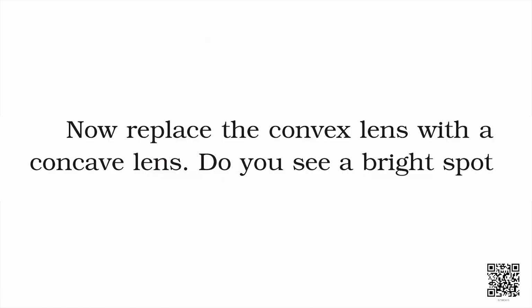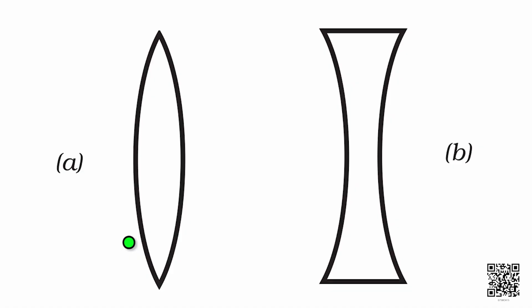So we will see a bright spot on the paper and the paper may also begin to burn. Then we will replace the convex lens with a concave lens, but this time we will not be able to see a bright spot. So students, there are various questions arising in this activity, that is, why do we get a bright spot with the convex lens but not in the case of the concave lens.